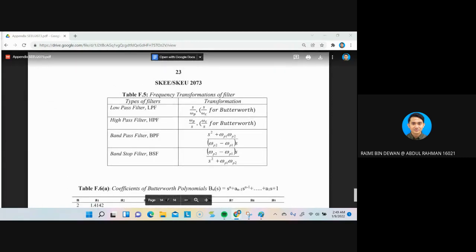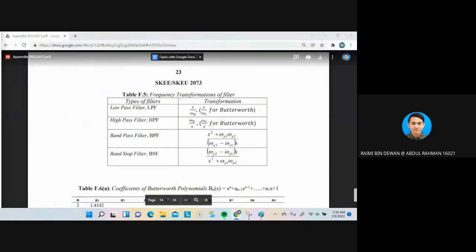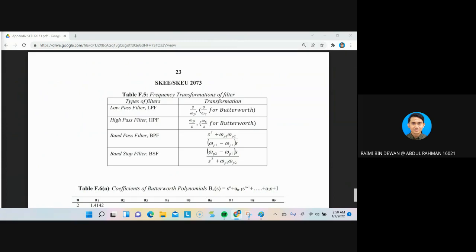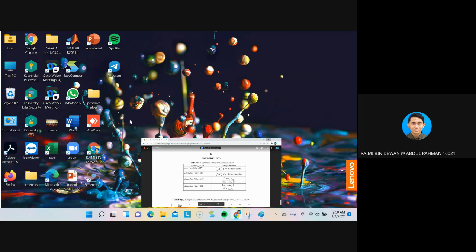The question wants you to design a Butterworth low pass filter. So you refer to here, low pass filter Butterworth, which is S over omega c. If we want to denormalize them, because just now is the normalized transfer function, every S needs to be S over omega c.